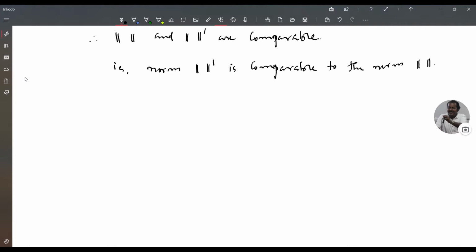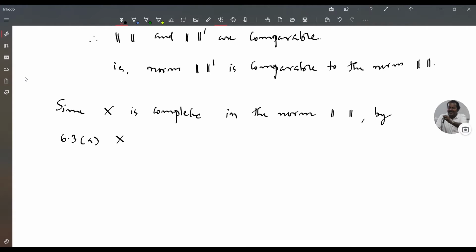Now since X is complete in the norm, by 6.3a, X is complete in the norm dash.